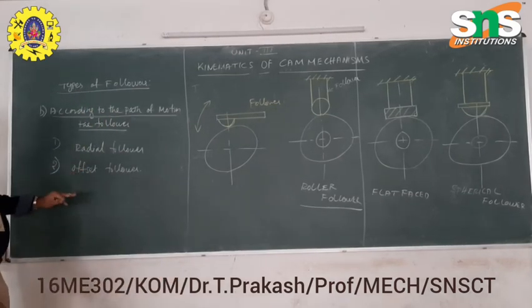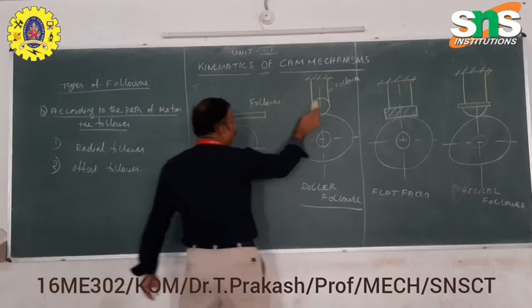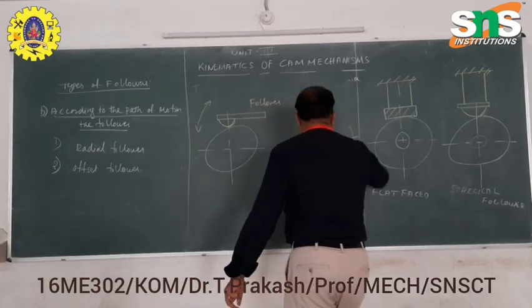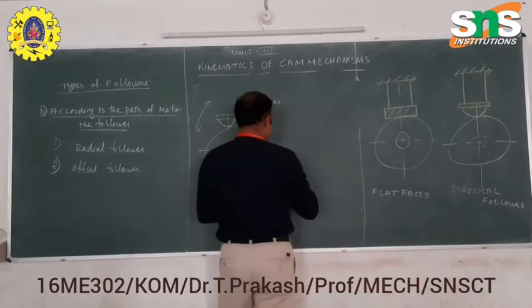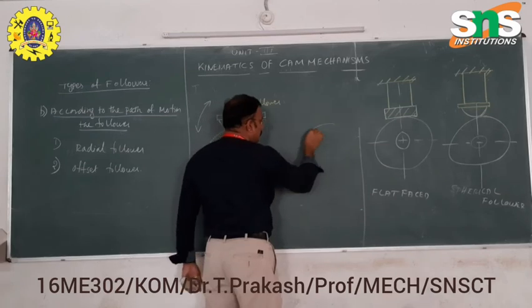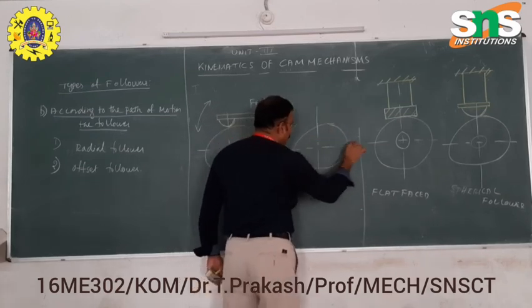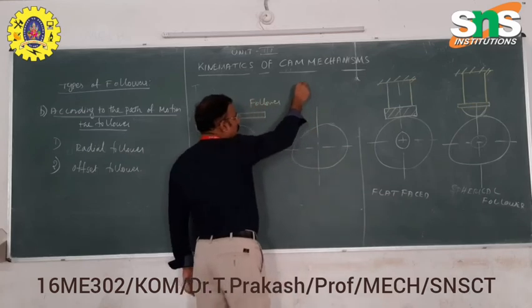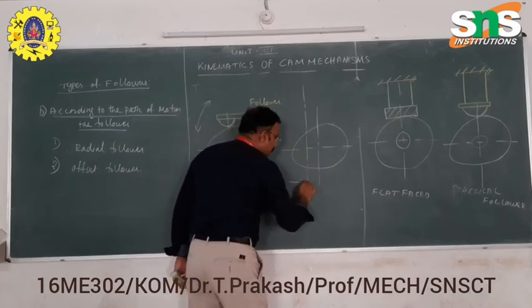Then offset follower, there will be some offset distance. We can see the roller follower, mostly the roller and flat faced follower have some difference in the axis. We have to draw the follower with some offset. This is the offset distance.